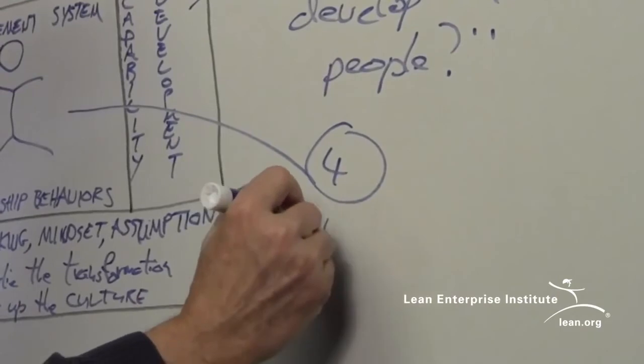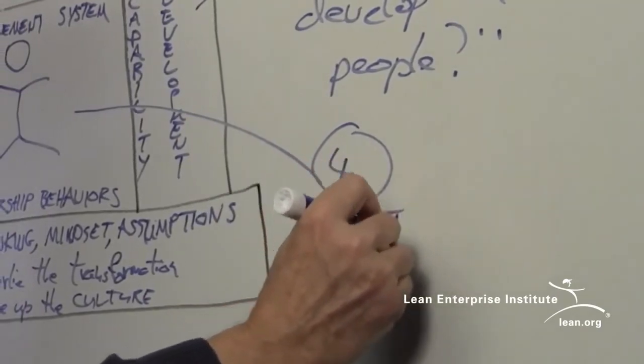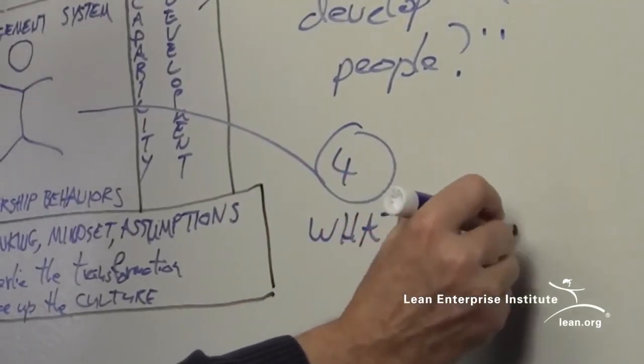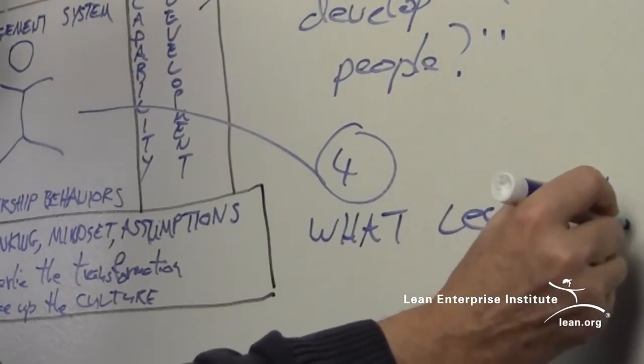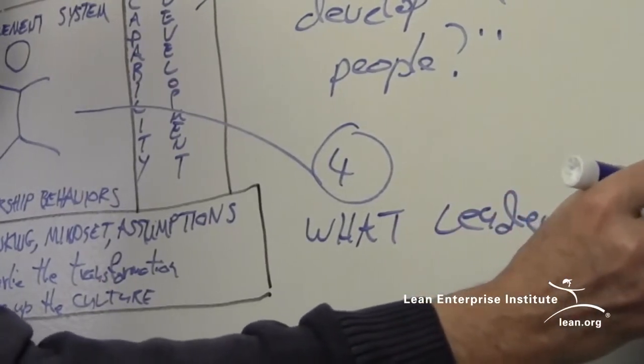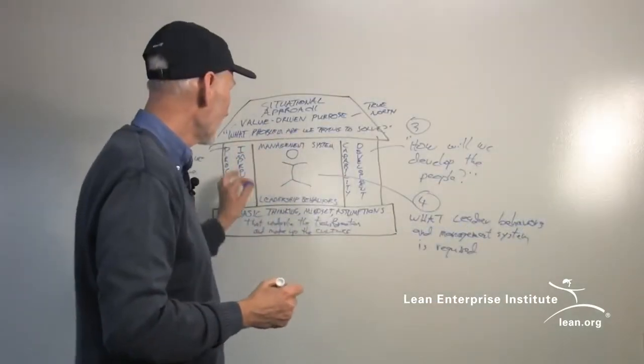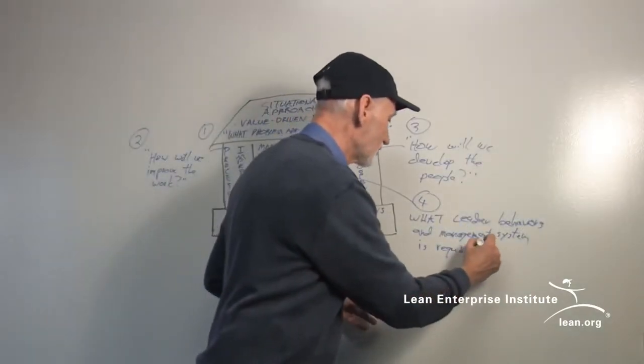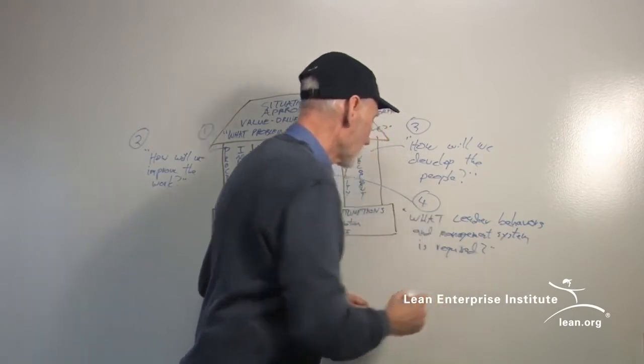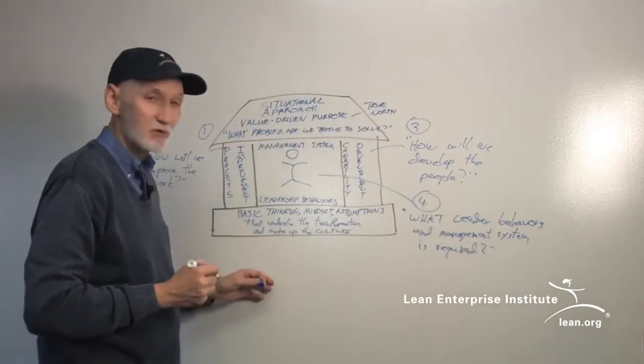which is, what leader behaviors and management system, and you need both of those, is required to support and lead work in this new way that we're transforming toward. Okay, what leader behaviors and management system is required.